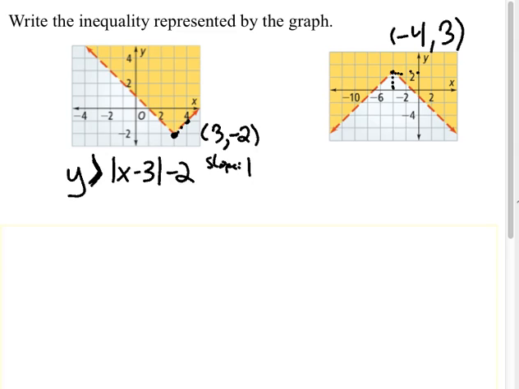Okay, so taking a look at this one. So here, your vertex, left 4, up 3, and now let's take a look at our slope, okay? So our slope looks like to me, here I'm going down 1 over 1 to get to that point right there, okay?